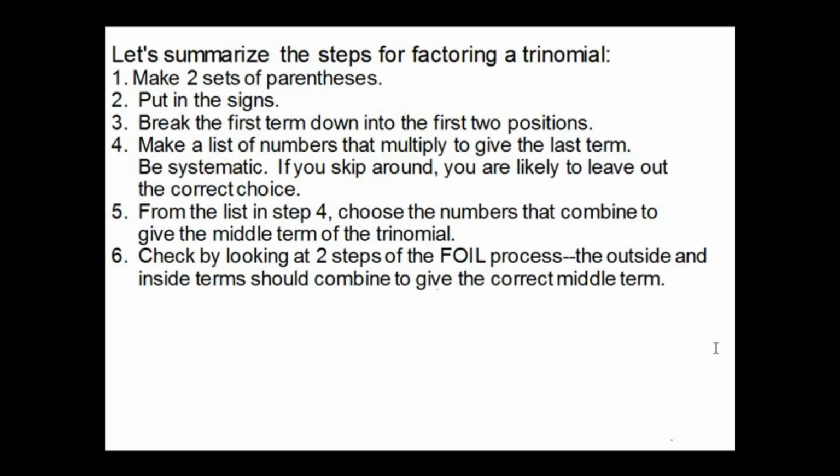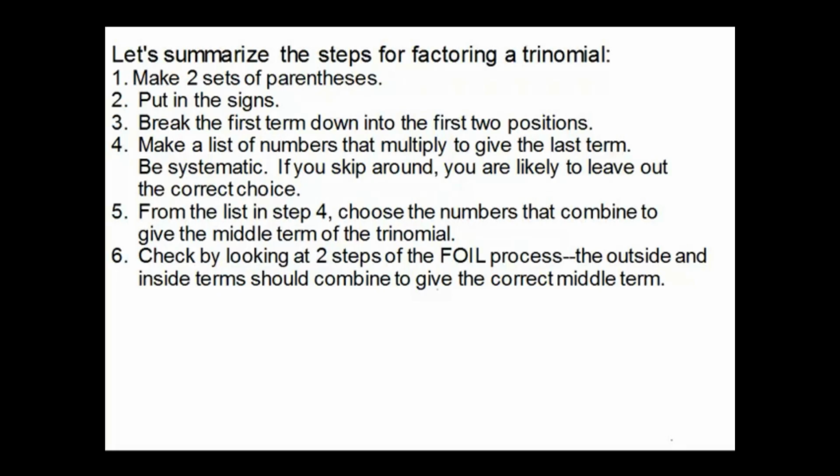Let's summarize the steps for factoring a trinomial. First, make two sets of parentheses. Second, put in the correct signs. Third, break the first term down into the first two positions. Fourth, make a list of numbers that multiply to give the last term. You want to be systematic.